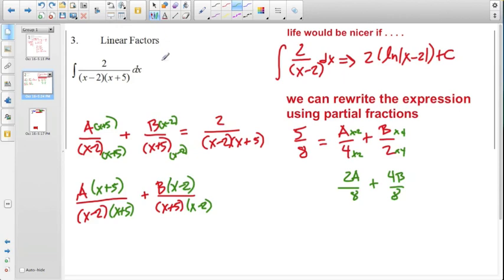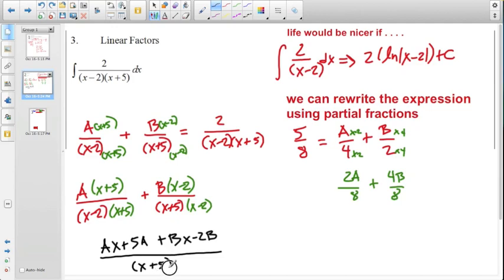We can add these numerators together. And so the numerator then starts to look like, when we add these things together, ax plus 5a plus bx minus 2b all over x plus 5 times x minus 2. And so if we look at this, we have the same denominators.